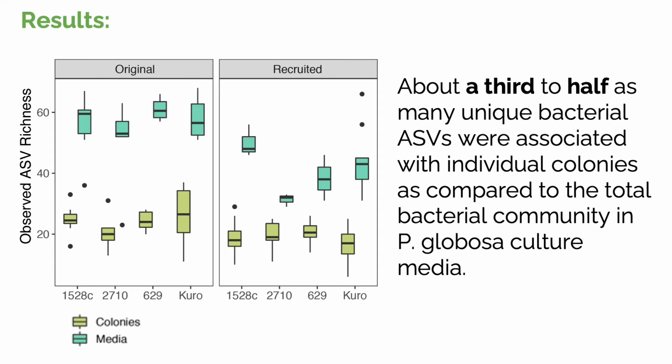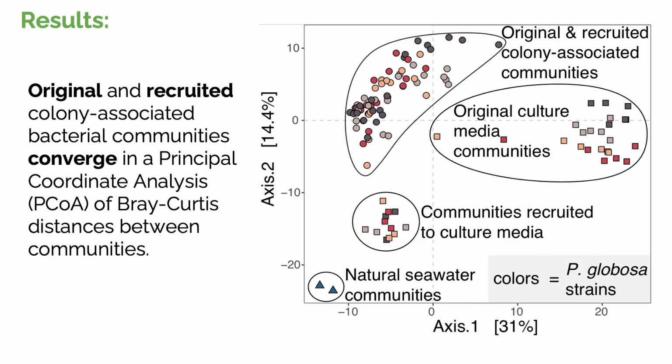So looking a little bit deeper into this data, this is a principal coordinate analysis of the Bray-Curtis distances between the communities. So on the bottom left here, we can see that the bacterial communities in the natural seawater were very different than in the cultures, regardless of strain or whether it was a colony or just the culture media.